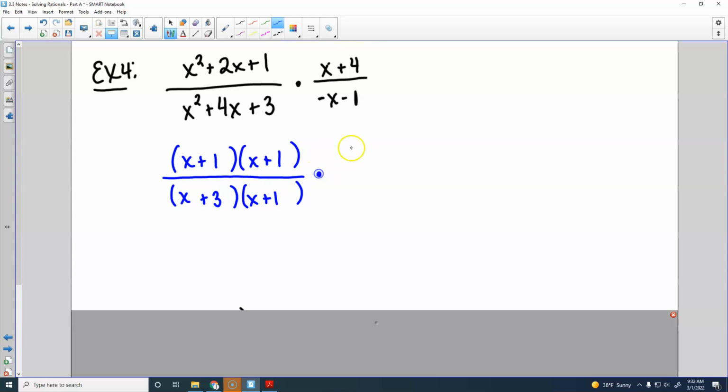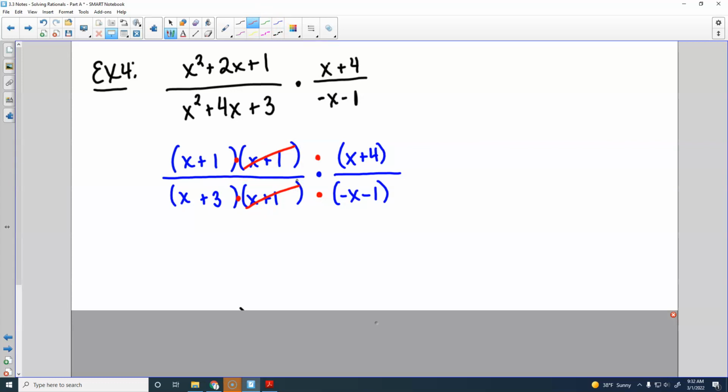And then I'm going to put these in parentheses also, x plus 4 and -x minus 1. Okay, so now if I look, everything here is multiplied. I'd multiply straight across, so this is really multiplied here, and then this is multiplied here. So I've got multiplication, so I can cancel factors. So my x plus 1s here can cancel.